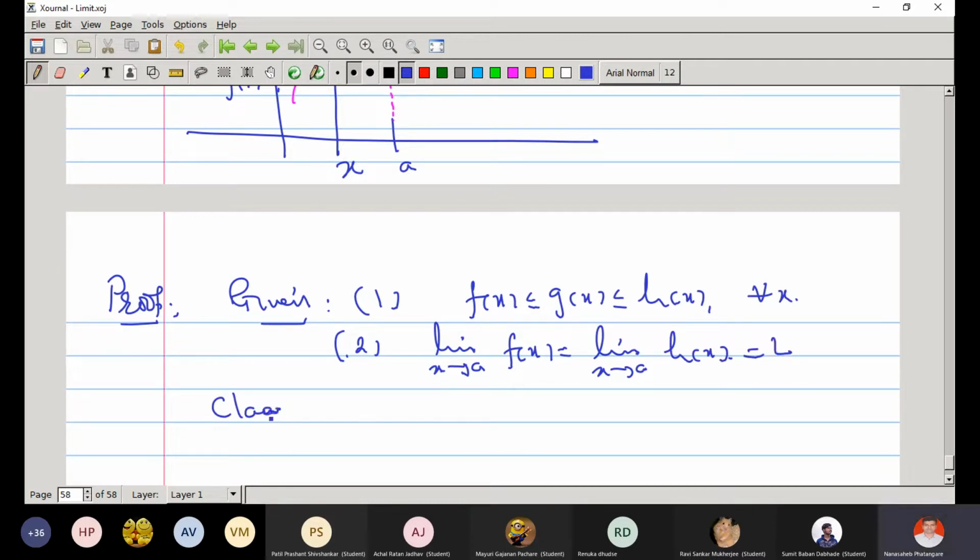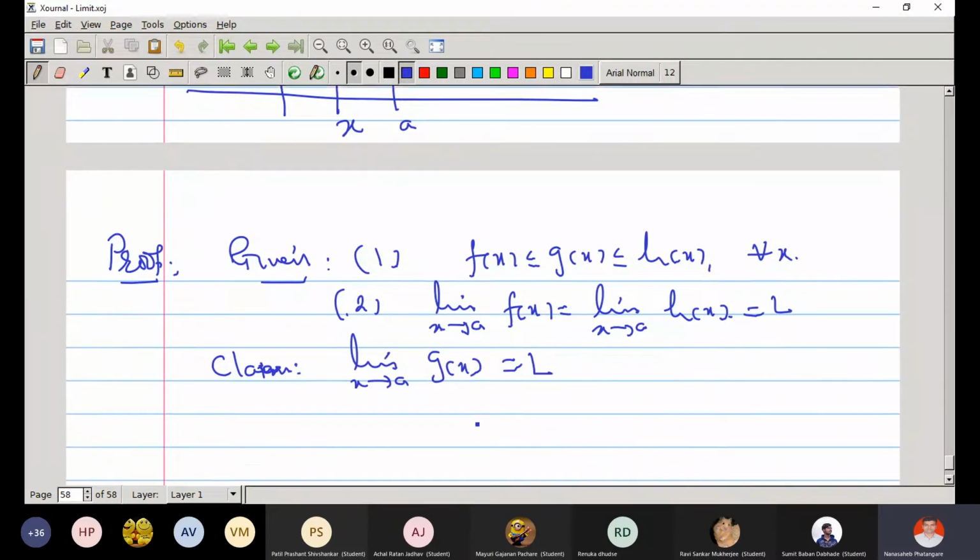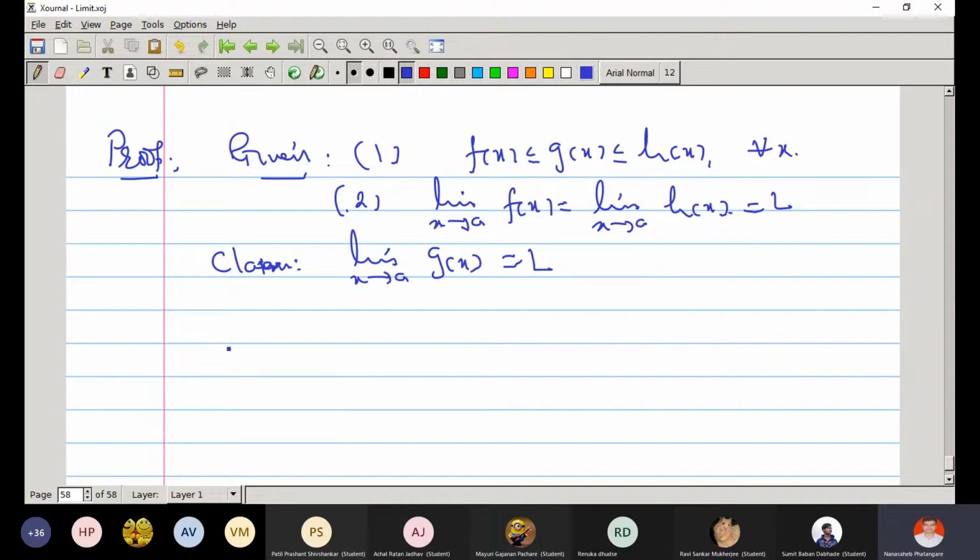The limit as x tends to a of g(x) exists and is the same number L. How to prove that the limit of some function at some point is L? What is the natural way to do this? Yes, the epsilon delta definition.